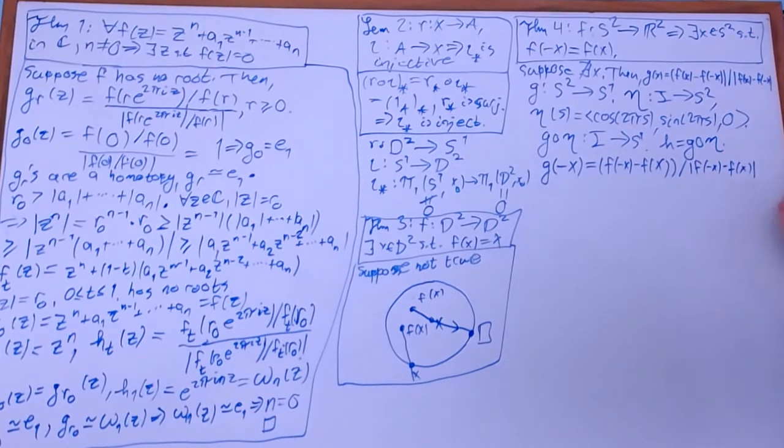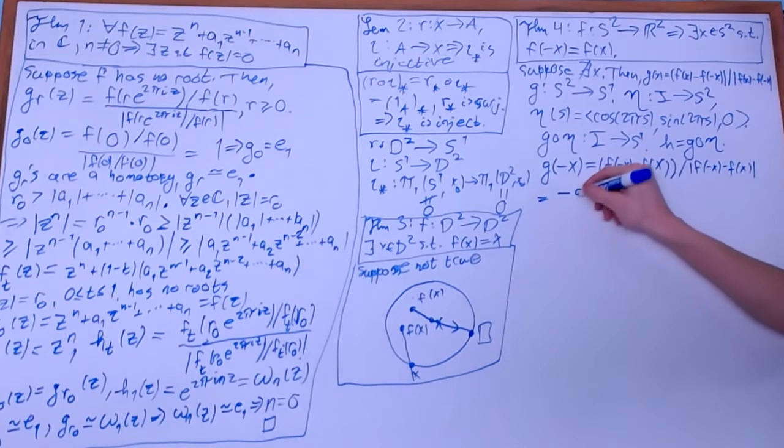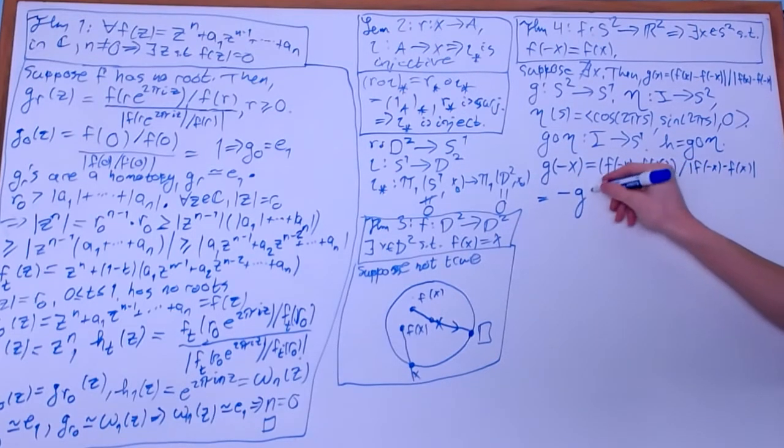But as you can see, this is the exact same thing as g of x, except these two are flipped on the top and bottom. Now the bottom doesn't matter, because it's a magnitude, and the magnitude doesn't care about the order of the subtraction. But on the top, what we have to do is compensate for that, and that is negative of g of x.